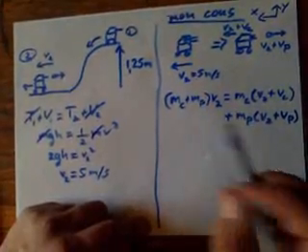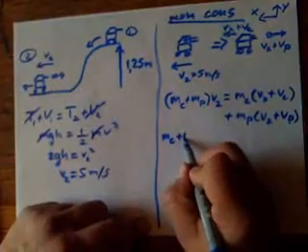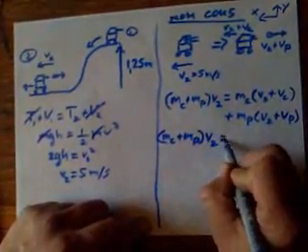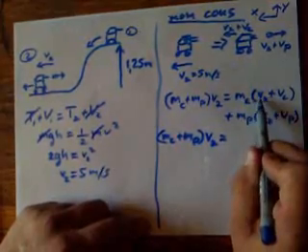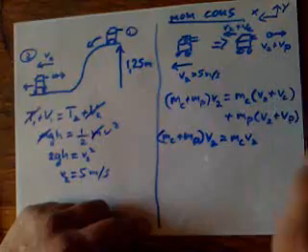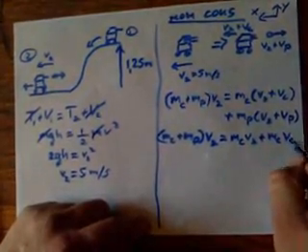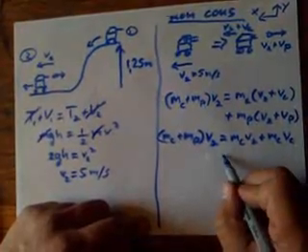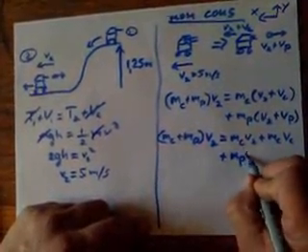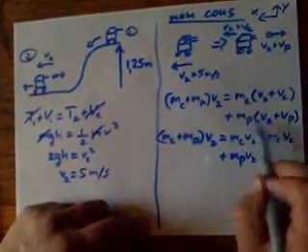If we write this out, we find something quite interesting, namely that (mc plus mp) times v2 is equal to mcv2 plus mcvc, okay, so that's the kart velocity, plus mpv2 plus mpvp.